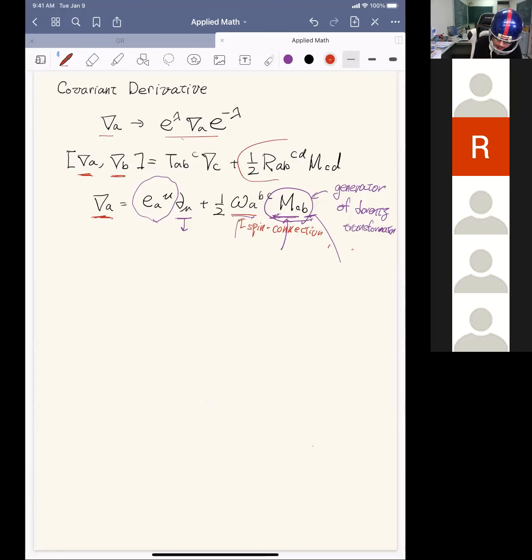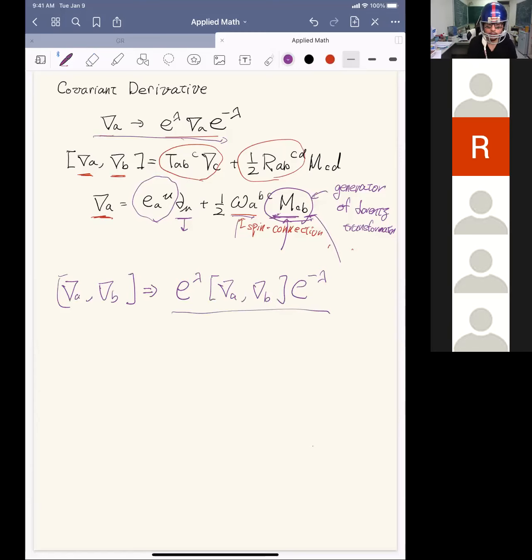The thing on the right-hand side must also be covariant, because after a gauge transformation, the commutator of delta_a and delta_b will of course become exponential lambda delta_a delta_b exponential minus lambda, right? So this is a covariant object. If the covariant derivative is covariant, then under gauge transformation, the commutator will also be covariant.